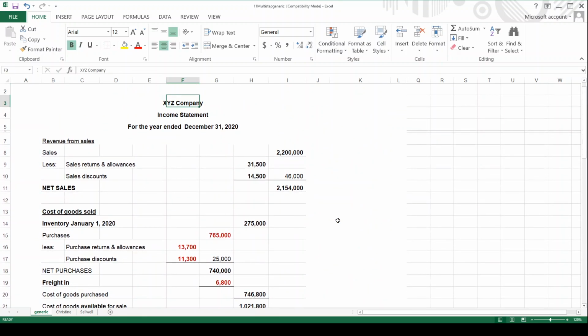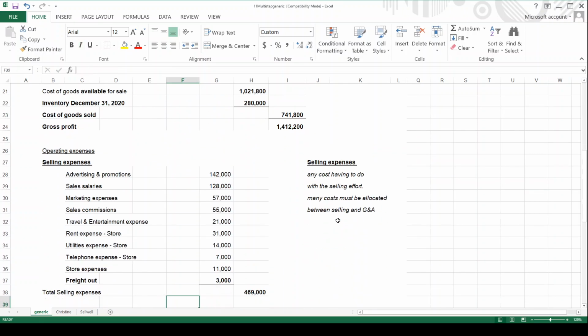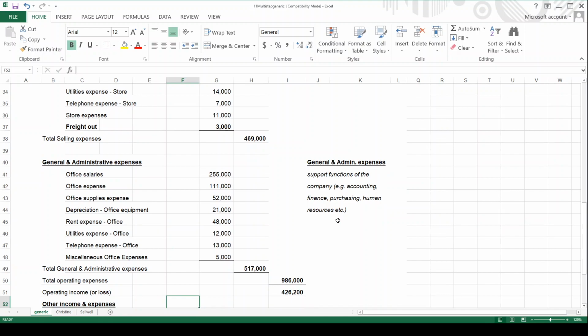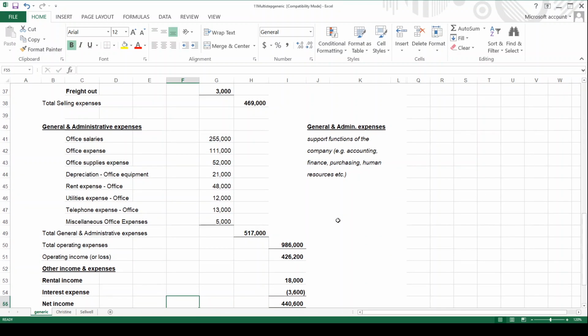So XYZ company is owned by a person who's treating it as a sole proprietorship, and the taxes will be paid on the personal tax return of the owner of XYZ. So it's part of their personal income tax return, Form 1040 at the end of the year.